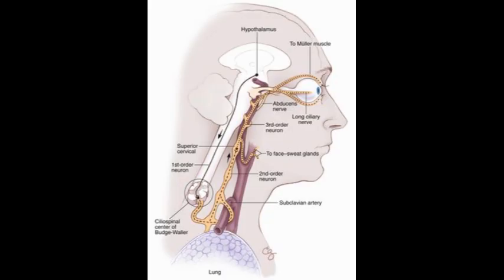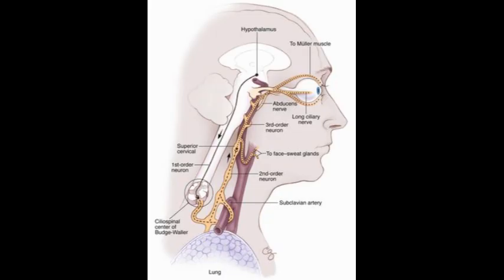Now, we have the third order neuron, which is the postganglionic neuron, and it travels with the carotid artery. Remember, the common carotid bifurcates into the external carotid and internal carotid. The third order neuron follows two paths. One follows the ECA, the external carotid artery, and the other follows the ICA, the internal carotid artery.